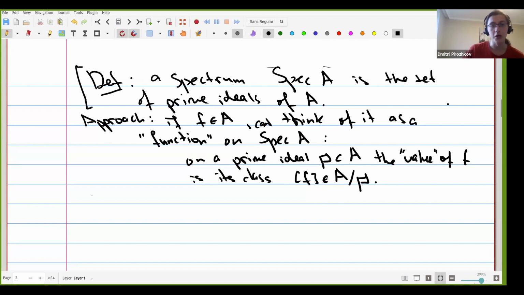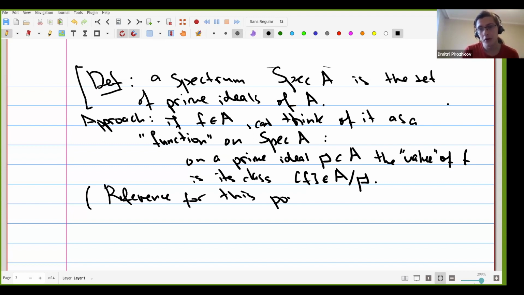If you want to get a better intuition about this approach, including some pictures, a good reference for this point of view, just one among many but the one that I like a lot, is a set of notes by Yuri Manin called Introduction to the Theory of Schemes.